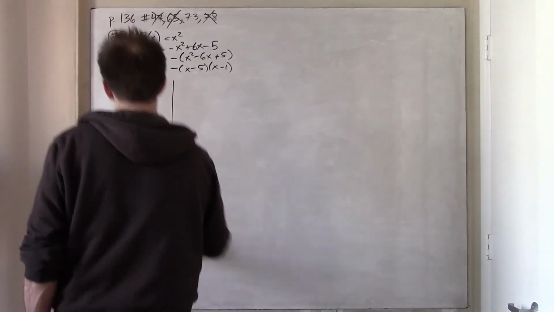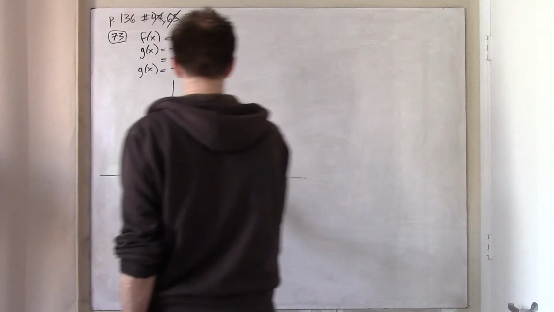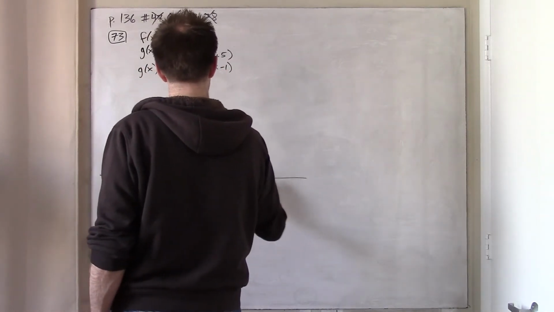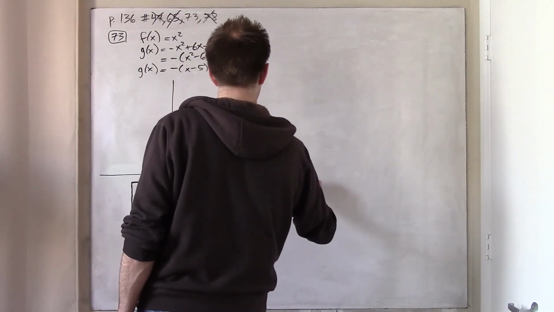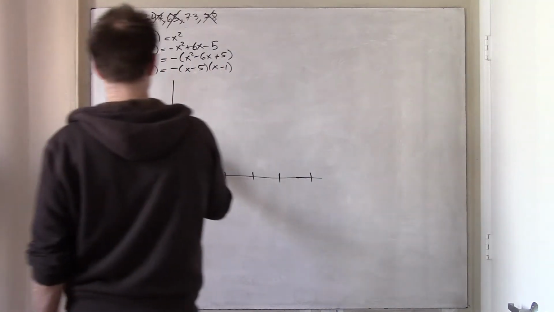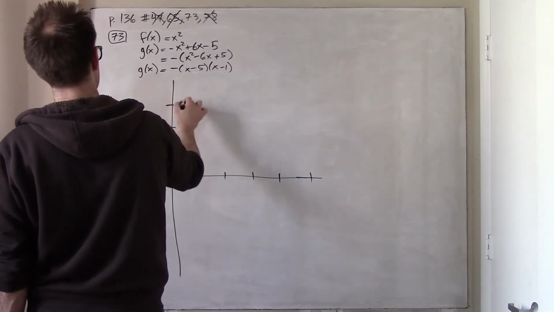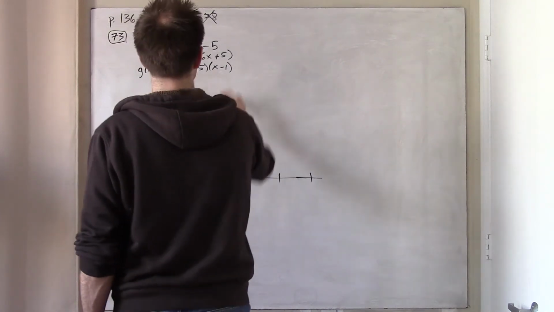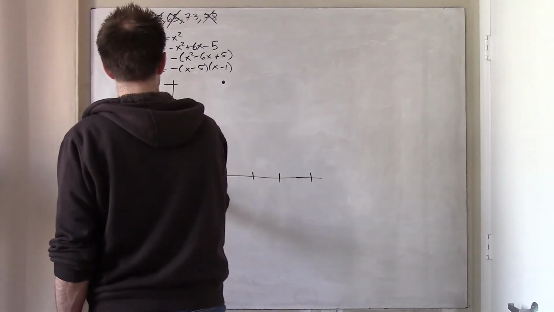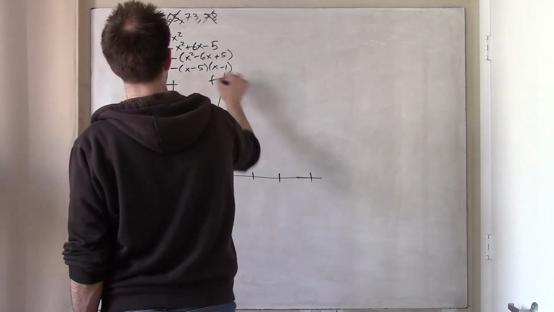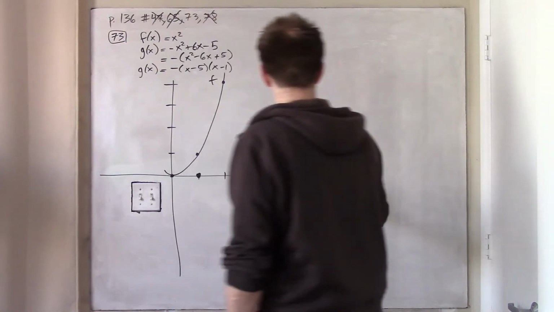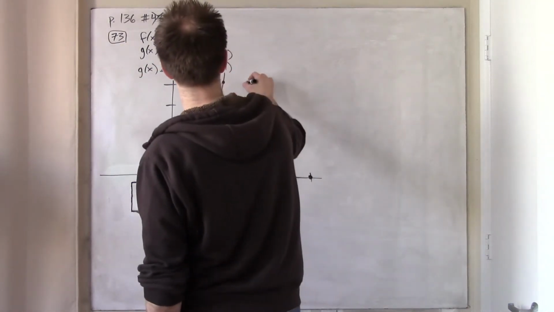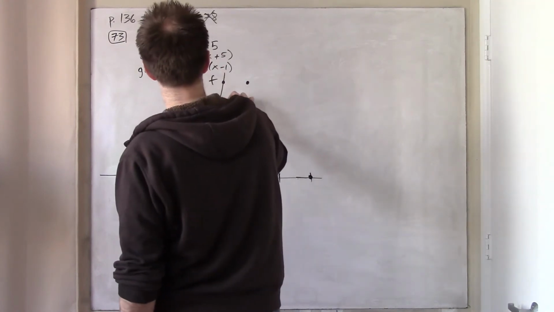So let's redo it in 1 minute, but big. 1, 2, 3, 4, 5. 1, 2, 3, 4. So what's going on? Y equals x squared. That's f. And then the g function, 1 and 5, I get 3, 4, 2, 3.